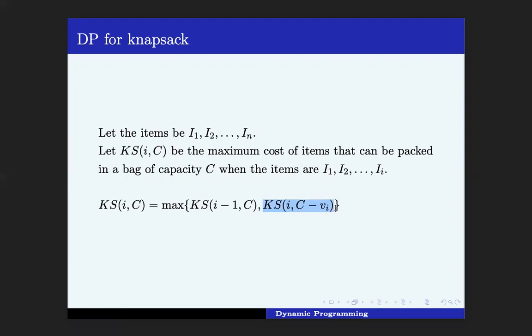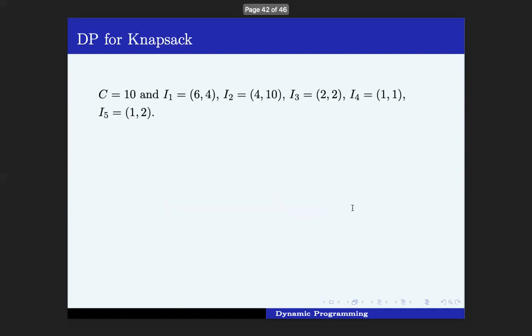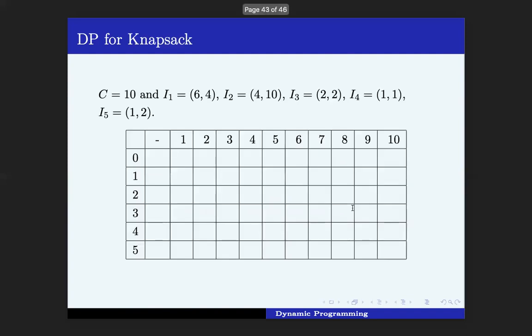This is the case when you are picking up the ith element in the knapsack. The other case is you are not picking up the ith element, KS(i minus 1, C). And that is it. You can do the knapsack problem in the same way.